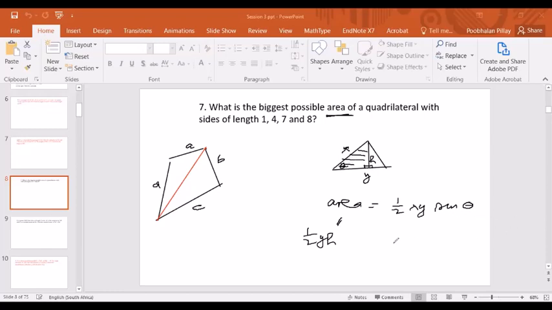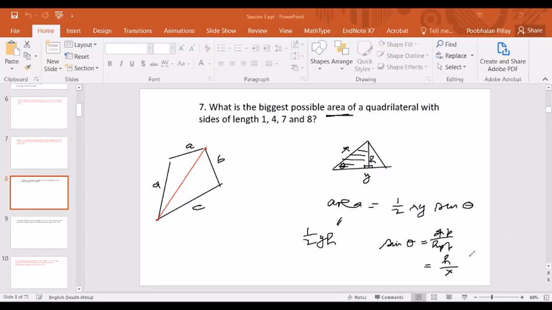So that's the area. But now, if you look at this triangle here, what do you mean by the sine? The sine of an angle in any right angle triangle is opposite over hypotenuse. So the sine of theta here is opposite, which is h, over the hypotenuse, which is x.